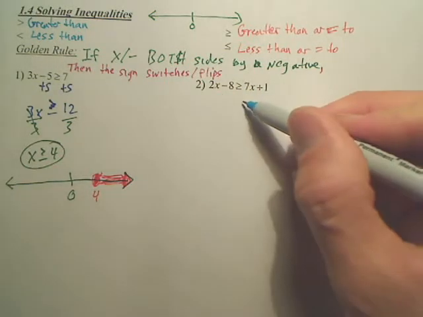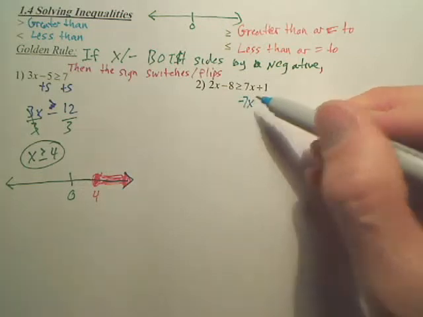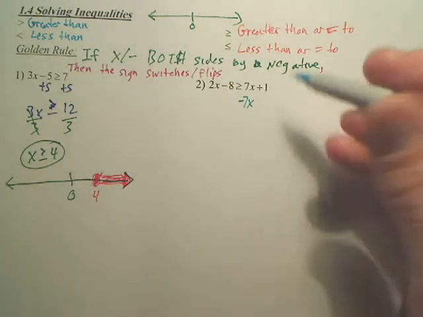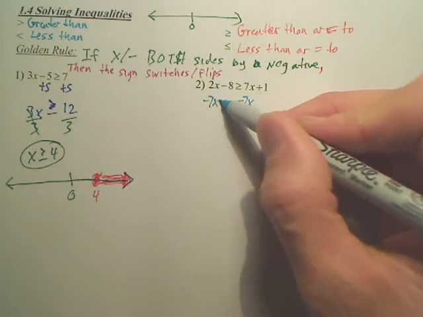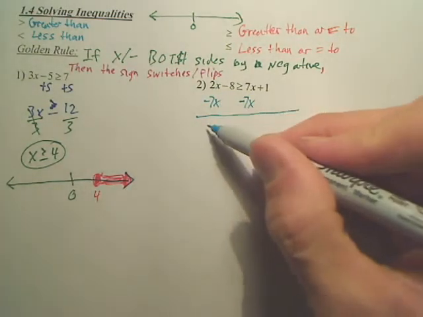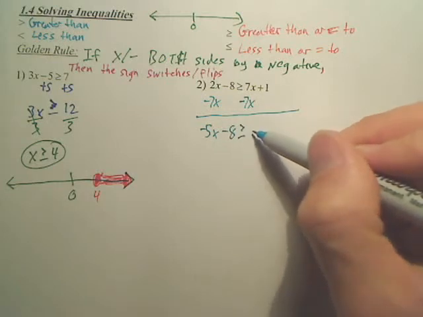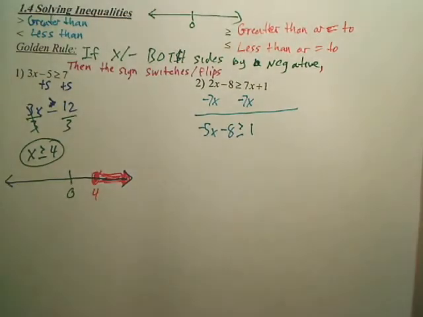Let's solve it. First step, I like to move on inequalities. I always like my x's on the left. Very important because it's kind of hard to read it backwards. So the first step, move that over. Negative 5x minus 8 is greater than or equal to 1.